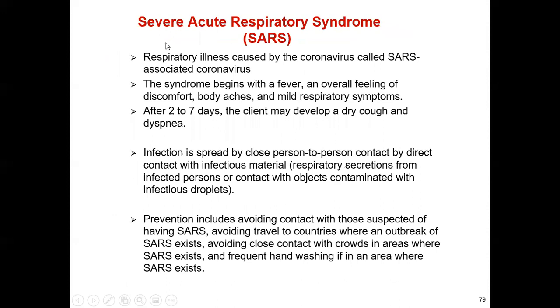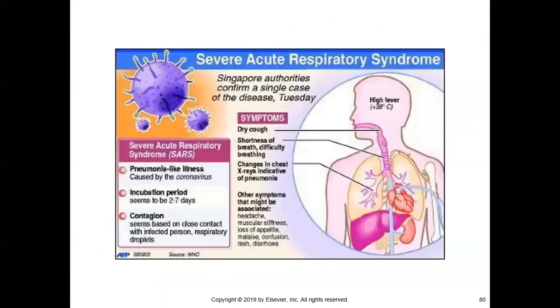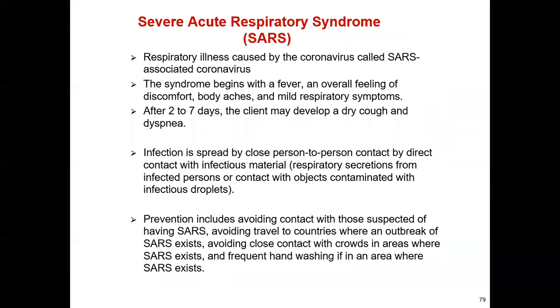So another disease is called severe acute respiratory syndrome, a respiratory illness caused by a coronavirus and called SARS. S stands for severe, A for acute, and it is an acute respiratory syndrome associated with coronavirus.